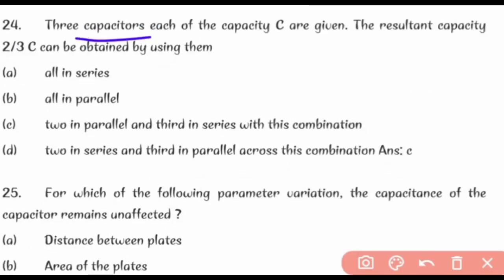Three capacitors, each of capacity C, are given. The resultant capacity of 2/3 C can be obtained by using them two in parallel and the third in series with this combination.